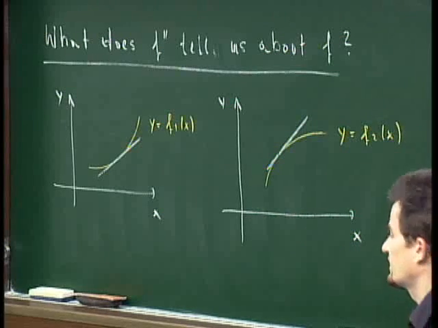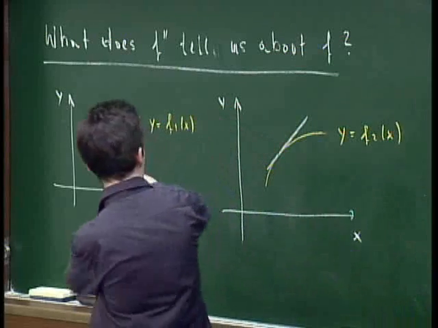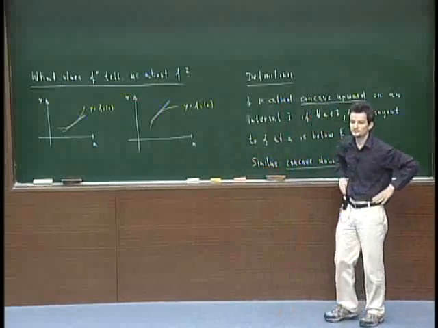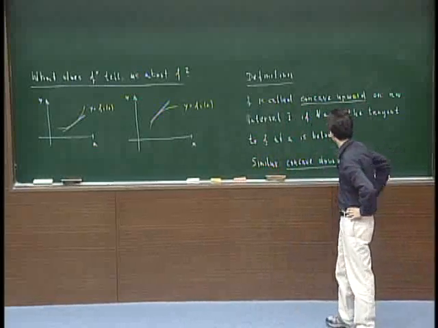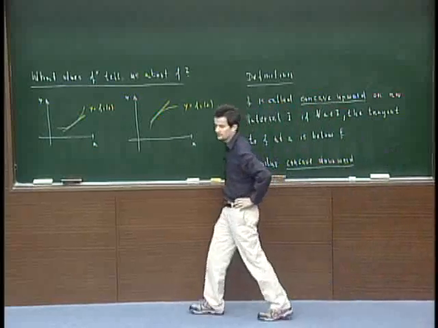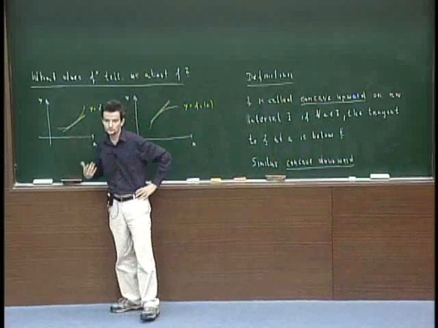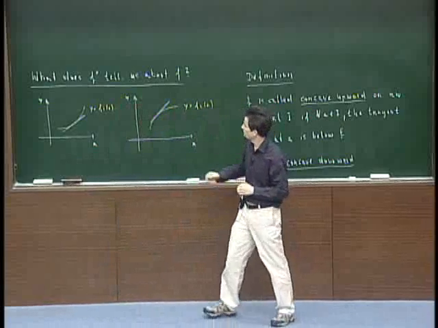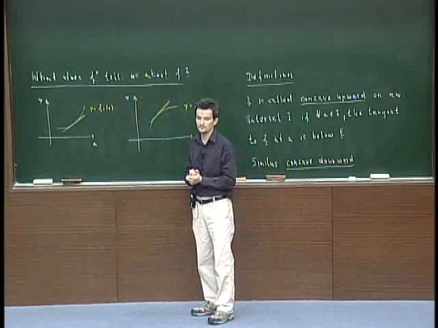This is not a proof, because the definition does not immediately tell you that for a function which is concave upward, the first derivative is increasing. You cannot see this immediately from the definition, but if you plot some examples, you can see it.